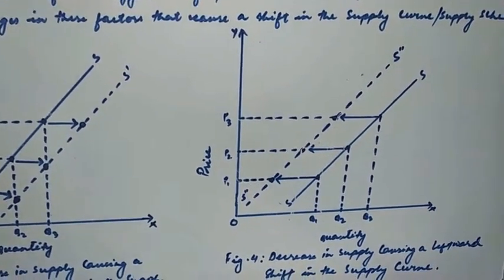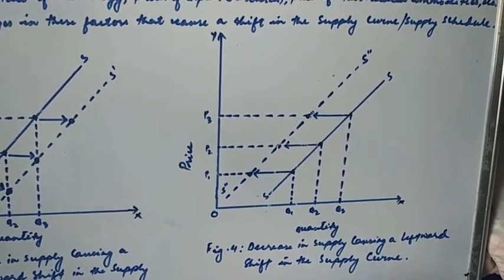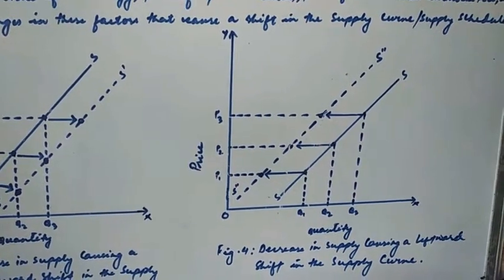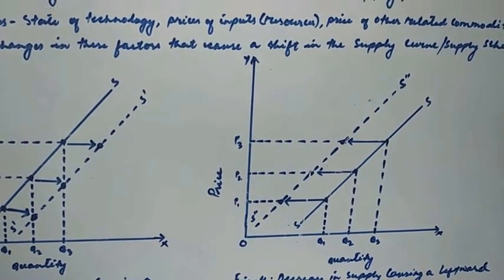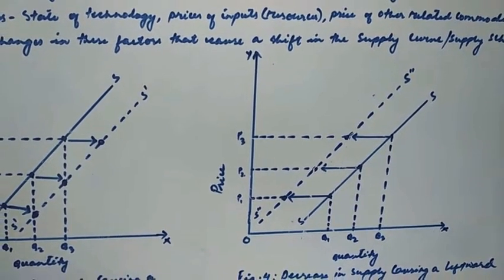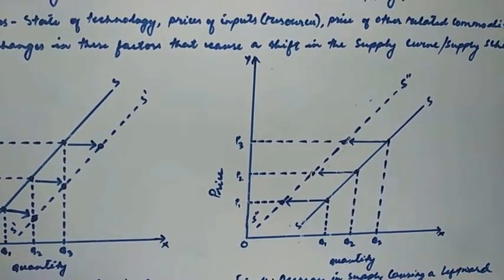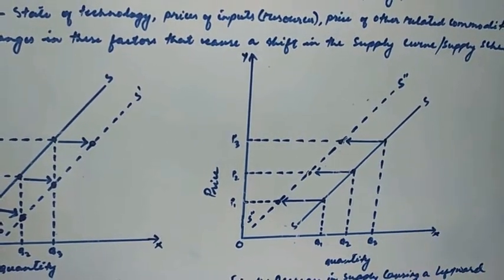Why does a decline in the supply occur? The decrease in the supply occurs when the prices of factors or inputs used for the production of a commodity go up.